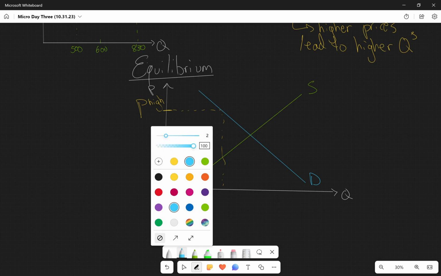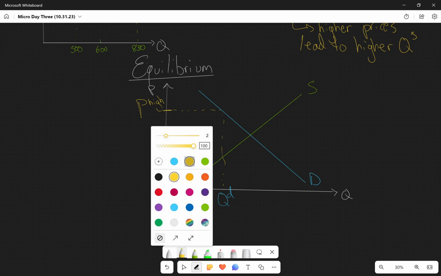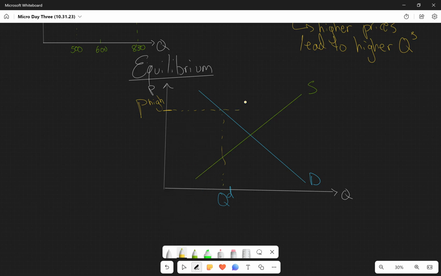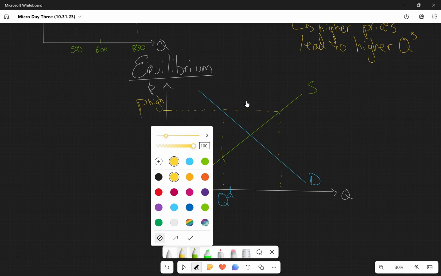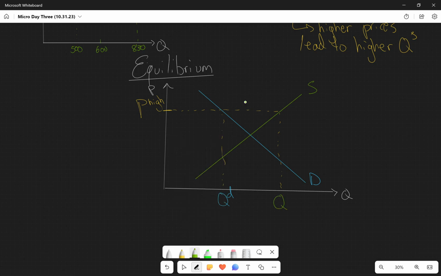And so at this price, we end up with a quantity demanded that's right here. We reflect that price off of the supply curve, and when we find the amount associated with that supply curve, we label that our quantity supplied.